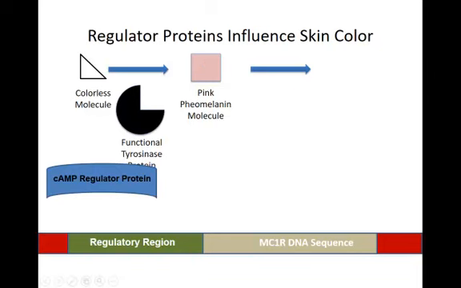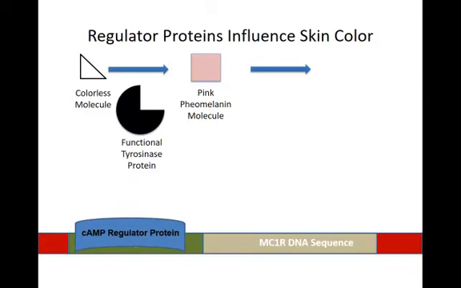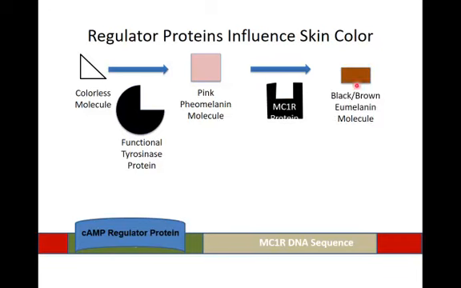Now, if we have a functional MC1R gene, and if our CAMP regulator protein turns on, then this MC1R protein will be expressed, will be made from this gene. If that happens, then this pink phospholaminin molecule will then bind to this MC1R protein, and that phospholaminin will be converted into a black-brown eumelanin molecule. This is the model that we've been using so far.